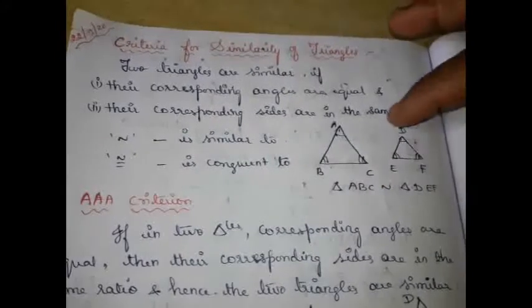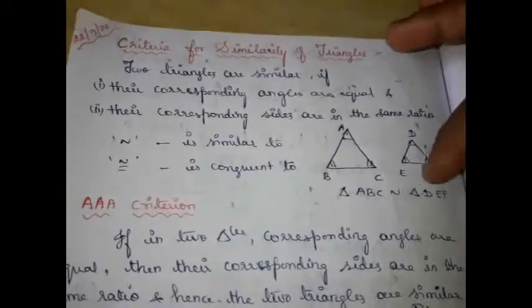If you change the order, the entire thing will go wrong, right? If angle A is equal to angle D, B is equal to E, C is equal to F, then you should write triangle ABC is similar to triangle DEF only. You should not write FED or EDF as you wish, because every vertex corresponds to each other.